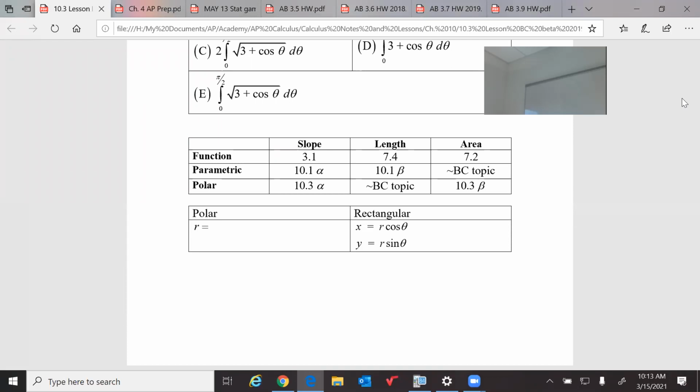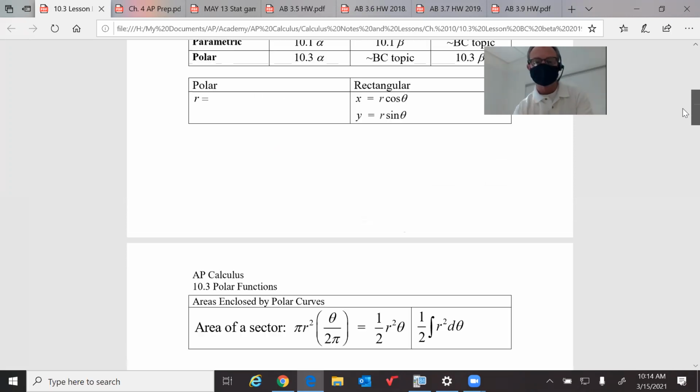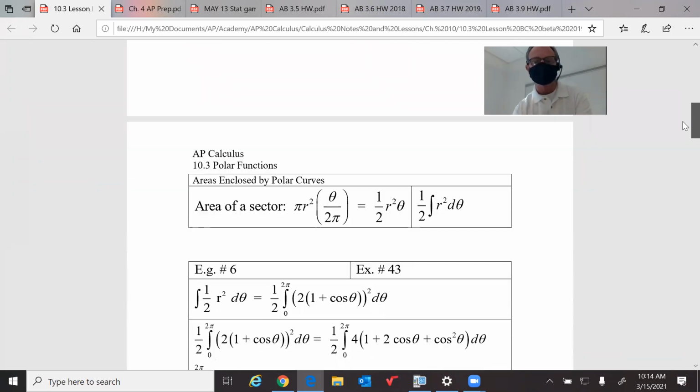The length of a curve, function mode and parametric mode. The area enclosed by a curve, function mode and polar mode. This table is helpful, what you're accountable for and where you can find it in the textbook.